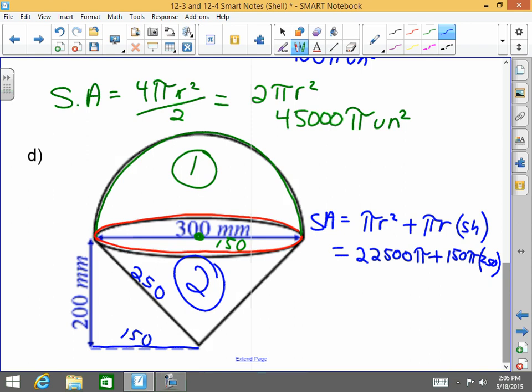All right, guys. So using pi, what's 150 times 250? Guys, use your calculators. Come on. 150 times 250 is? Okay, I guess I'm going to have to use my calculator.